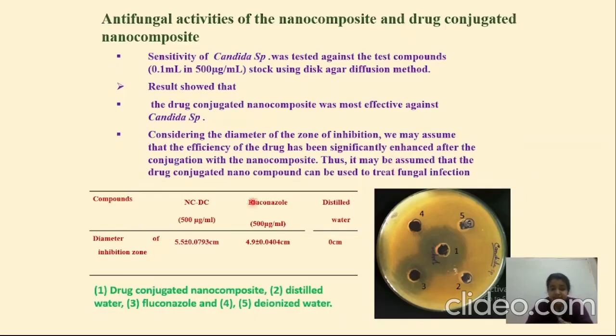And again by the same procedure, by measuring the diameter of the zone of inhibition, we can say that the NCDC has very similar activity to the pure drug fluconazole. But in the NCDC sample, only 5 weight percentage of the fluconazole was present. That means the activity of the drug is significantly enhanced when it is conjugated with the NC sample, right?